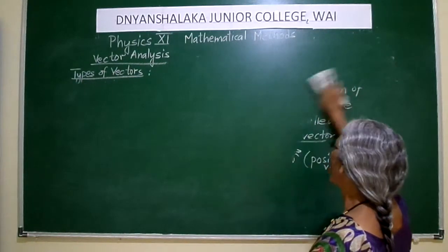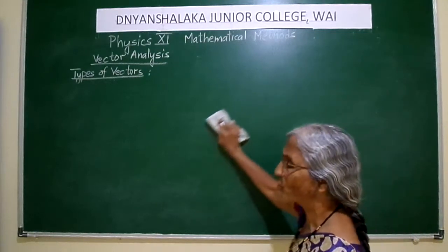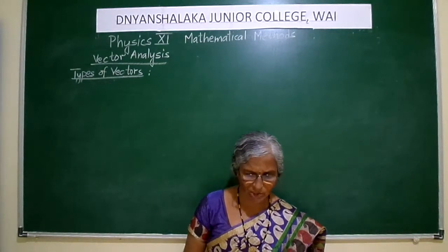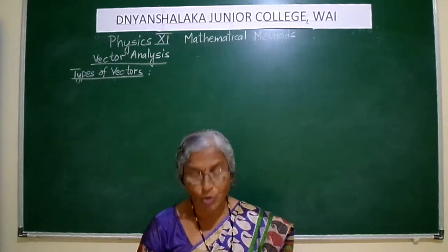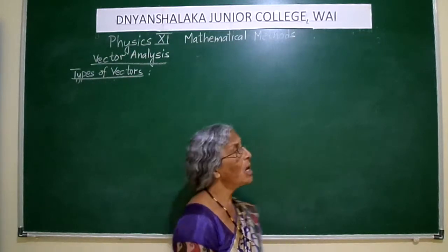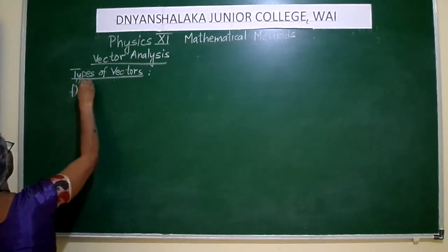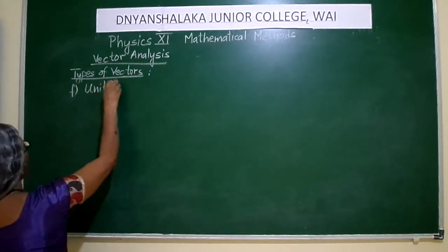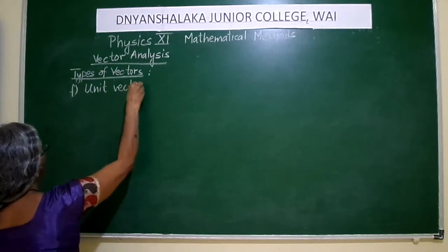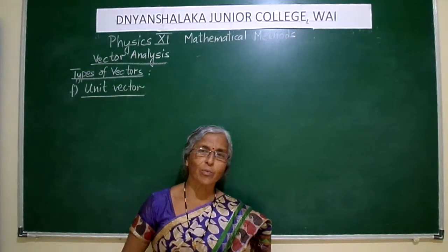Okay. So you have to prepare your own notes. So take down these definitions, their explanations should be there in the notebook. Okay, students? Now let us pass on to the next type of vector, and that is unit vector. What is it? Unit vector.